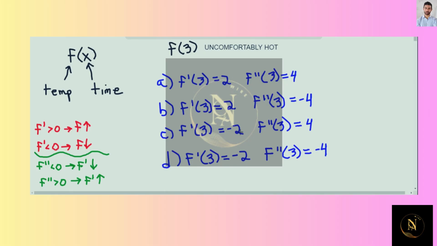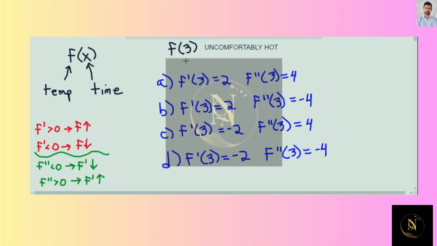So even though F prime is negative, which is good, F double prime being positive means your F prime function is going to increase. So it's not going to stay down at negative 2. It might even start increasing, get close to 0, and start being positive again, which means F would start increasing and getting hotter again.